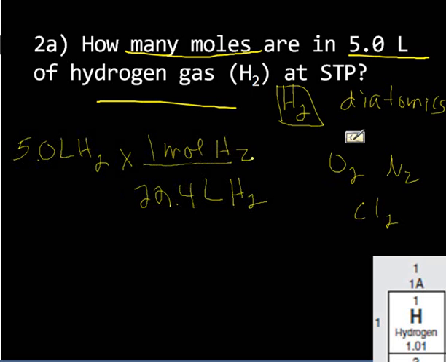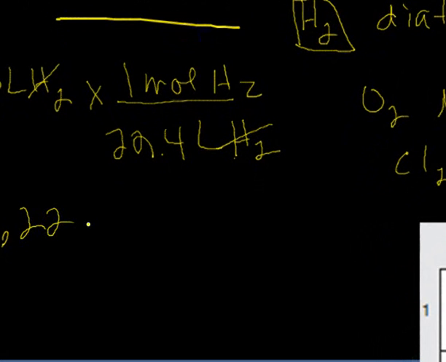So my liters of hydrogen will cancel out. I'm left with 5 times 1 divided by 22.4, and that gives 0.22 moles. We want the same number of sig figs as we have in the given, so 0.22 moles of hydrogen.